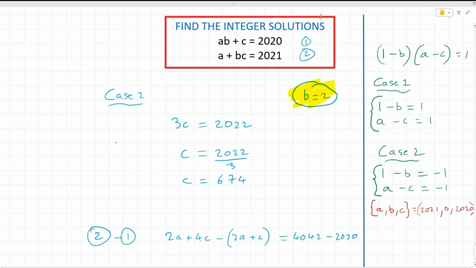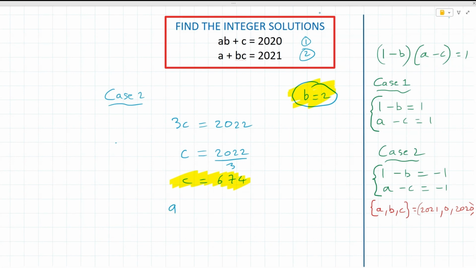So we have a b value, we have a c value, but we still don't have an a value. We do know that in case 2, however, the a value minus the c value is -1. That's going to be quite helpful here, so we can plug that in. a minus c equals -1. a minus 674 is equal to -1, remembering here that c was 674.